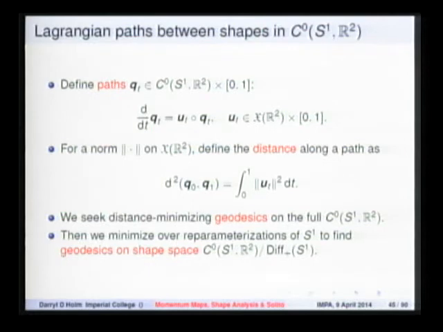And then it's possible to reparameterize to optimize how you are resolving the features you're interested in on the image. Okay, so that means modding out to make an equivalence class by all the reparameterizations on the space of continuous maps.